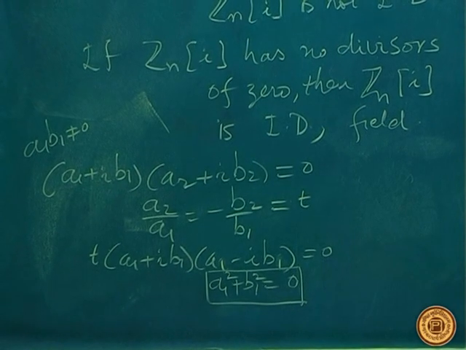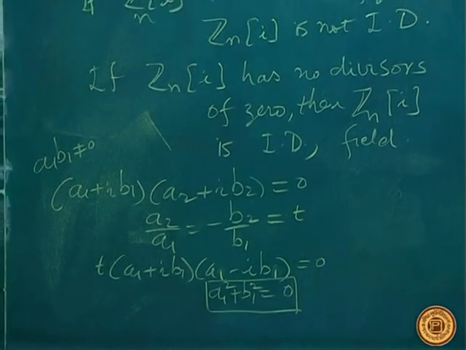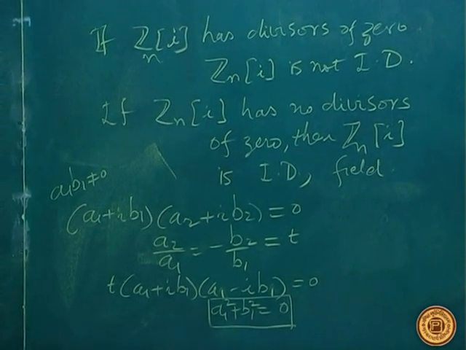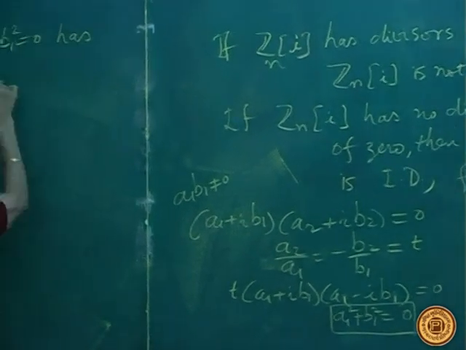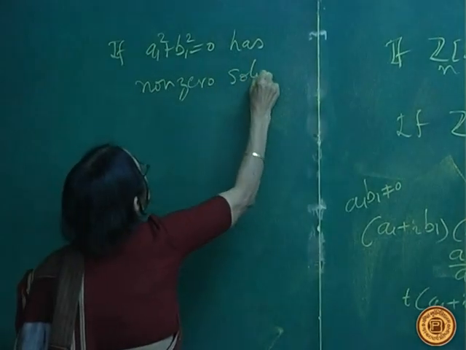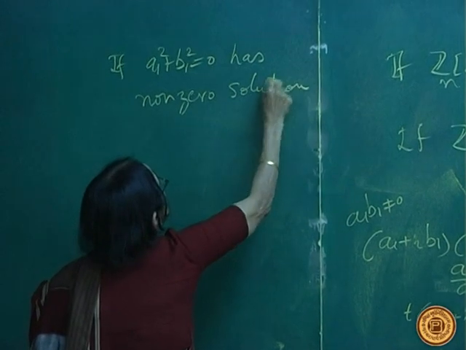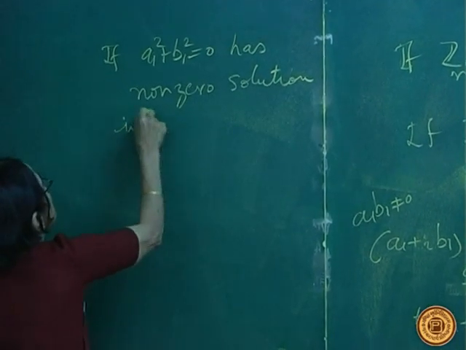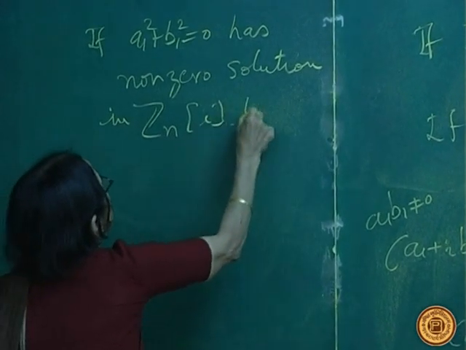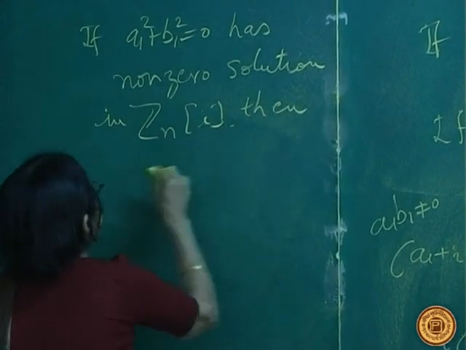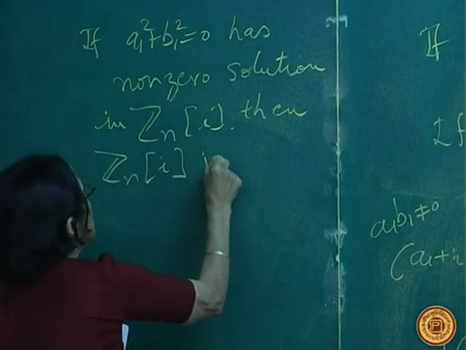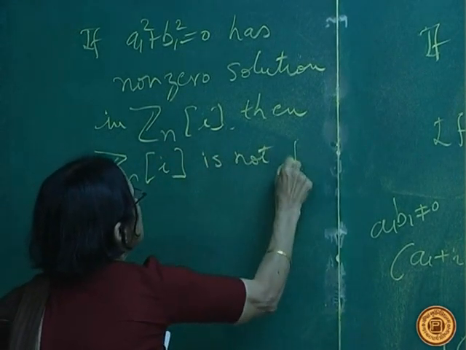So, if a1 squared plus b1 squared is equal to 0 has a non-zero solution in Zn[i], then Zn[i] is not an integral domain.